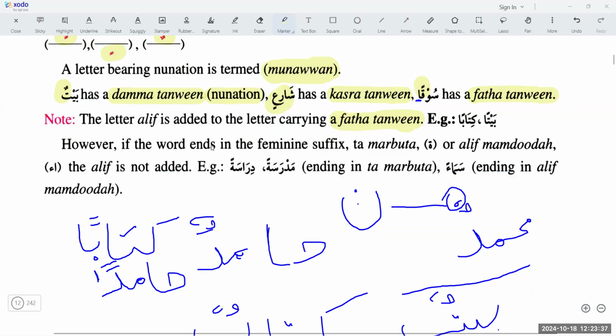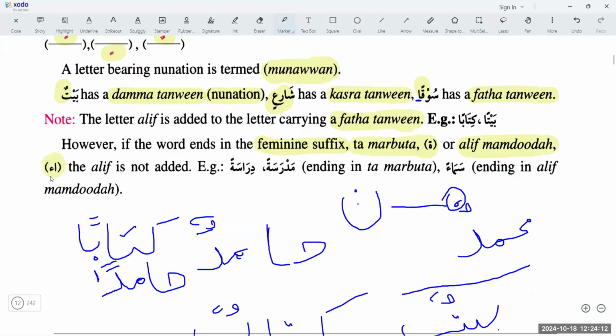However, if a word ends with the feminine suffix ta marbuta, this round ta, or there is an alif mamduda at the end of a noun, what is the alif mamduda? There is an alif and hamza at the end of a noun.